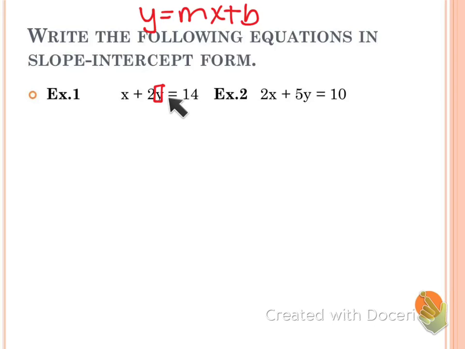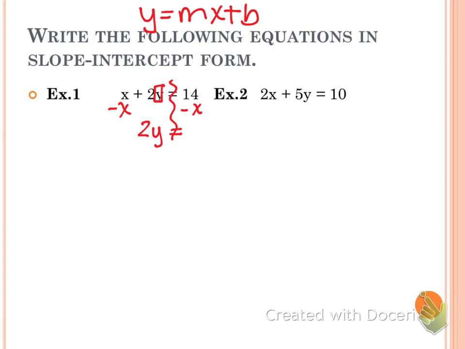So if I'm trying to get y by itself, what's the first thing that's got to move? The x. Right now that x is positive. How am I going to get it to 0 out? Subtract it. But if I do it to one side, I have to do it to the other side. So this turns into 2y equals, before we were writing it as 14 minus x, and I said that was okay for then.